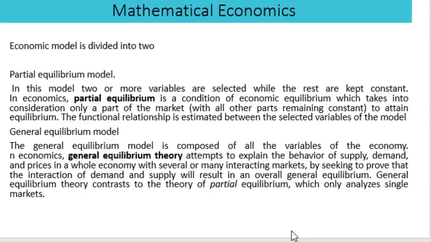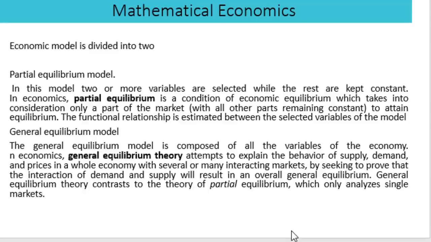And the economic model itself can be divided into two. They are partial equilibrium model and general equilibrium model. In a partial equilibrium model, two or more variables are selected while the rest are kept constant. That is, it takes into account only a part of the economy or part of a problem or part of the market.